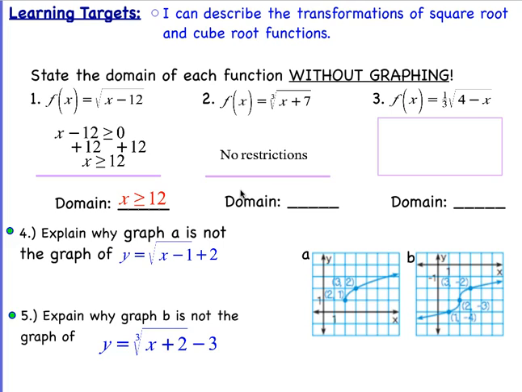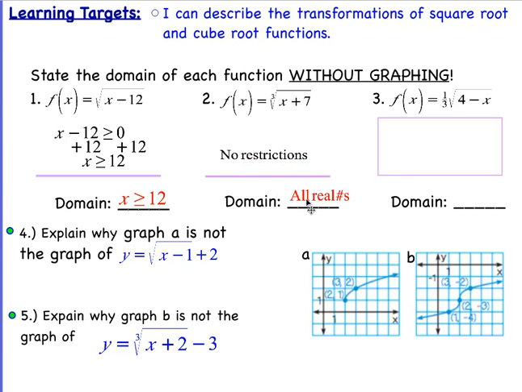So for instance, the cube root of negative 1 just means what number times itself 3 times gives me negative 1. Negative 1 times negative 1 would give me positive 1, but then I multiply it by negative 1 and I get negative 1. So for that reason, we have all real numbers when we're dealing with the cube root.